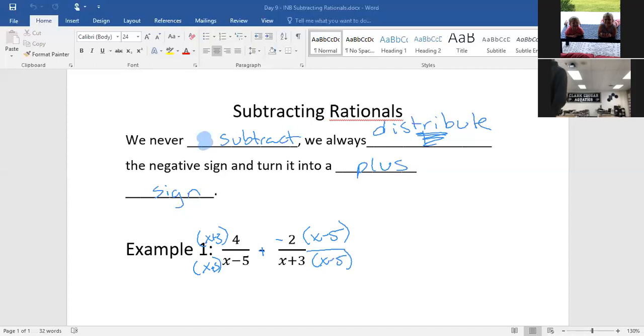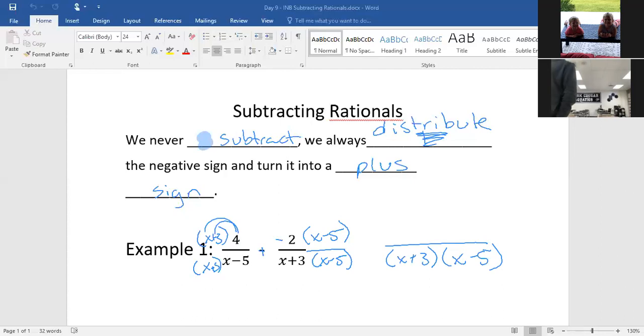Again, that is the identity method. Nothing is changing. Now my common denominator, my LCD, I'm going to write as x plus 3 times x minus 5. Now I'm going to distribute.